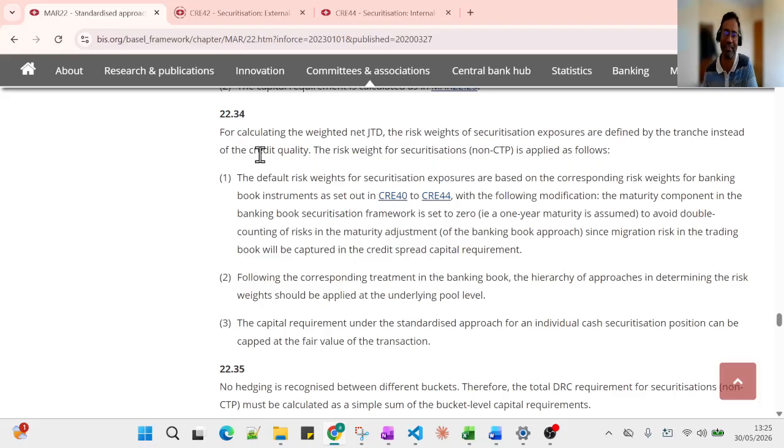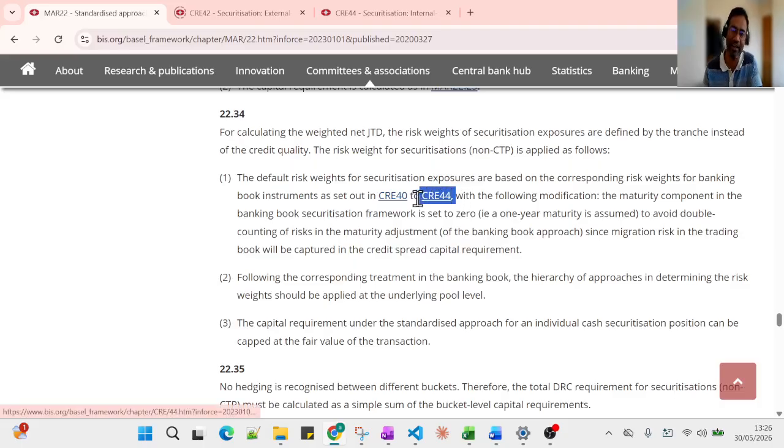Risk weights are easily available for non-securitizations, in the same article, but securitization risk weights are not in this MAR 22. For that you need to rely on the banking book machinery. So you need to know a little bit of banking book risk weight calculations as well, which are in CRE articles, CRE 40 to CRE 44.